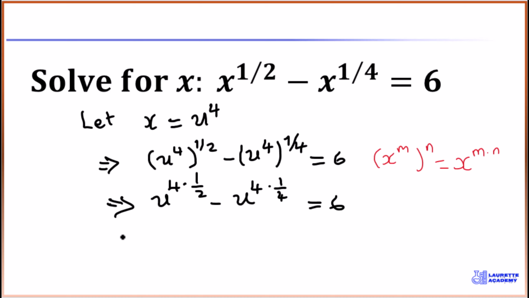And so here we will end up with u to the power 2, or u squared, because 4 times half is 2, minus u to the power 1, because 4 times 1/4 is 1. And so we have this to be equal to 6, and we end up with a quadratic equation u squared minus u minus 6 is equal to 0, which you can solve for u.